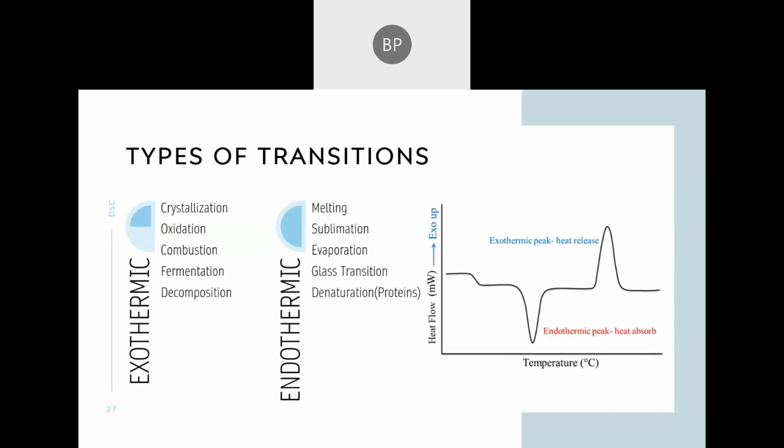The transitions are divided into two types, exothermic and endothermic. Exothermic transitions are those in which the release of heat is observed, whereas endothermic transitions are those in which heat is absorbed. Examples of exothermic transitions are crystallization, oxidation, combustion, fermentation, and decomposition. Endothermic examples are melting, sublimation, evaporation, glass transition, and so on.